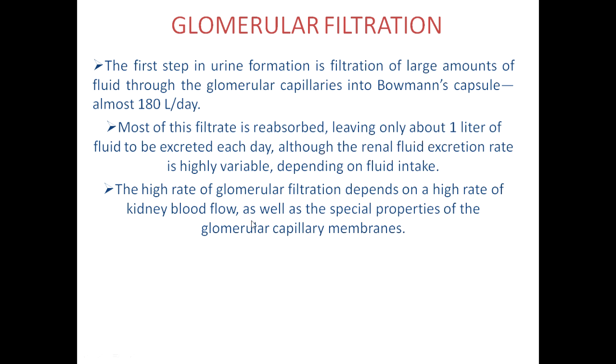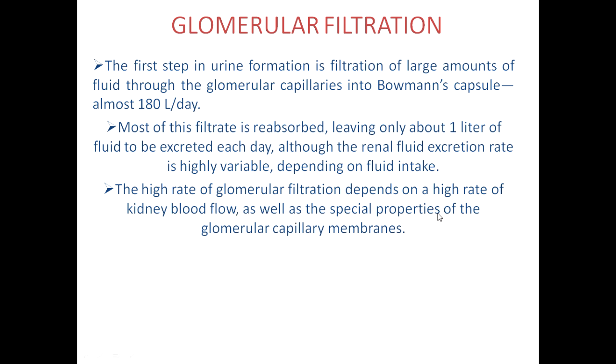The high rate of glomerular filtration depends on the high rate of kidney blood flow as well as the special properties of glomerular capillary membranes. So, the factor on which glomerular filtration depends is the blood flow to the kidney. If blood flow is sufficient and adequate, then the filtration will be normal.